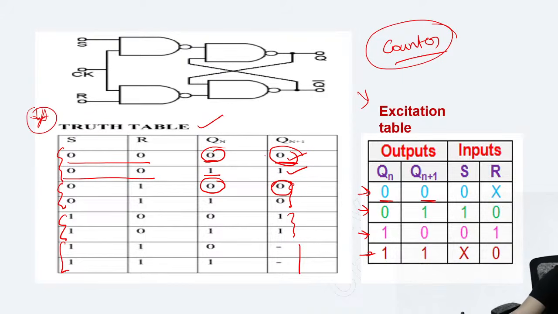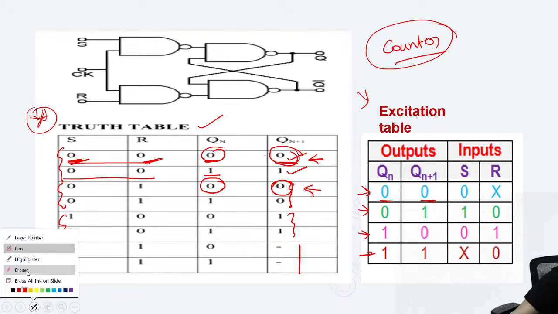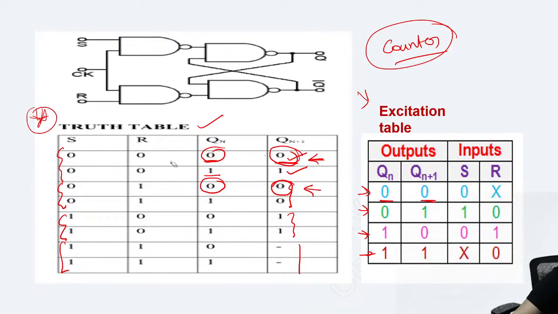Is there any other one? No. So I have to focus on this one and this one. At that time, what was the value of SR? SR was 0 0 and 0 1. In this row, S value is 0, R value is also 0.